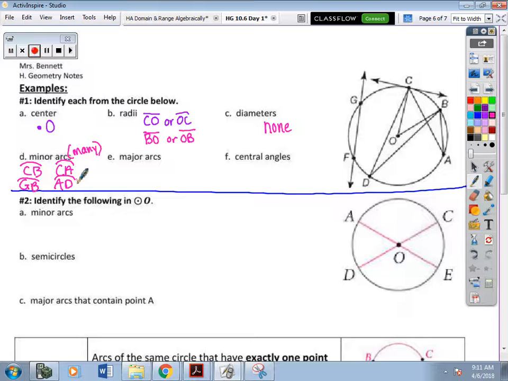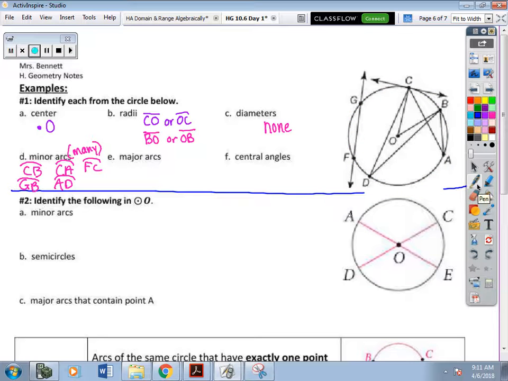Anyone give me another one? Come up with a million of them. FG, GC, FC would be one. Let's put that one down, because it skips over one of those points. Now the reason you would know that arc FC was not this one is that that's a major arc because it's bigger. So that's how you know which direction to go.